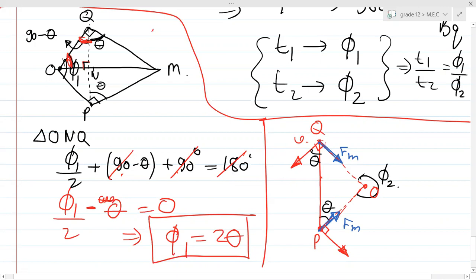Right or wrong? So tell me this, guys. If this is theta, this is phi 2, then this is basically 360 minus phi 2. And this is basically 90 minus theta.